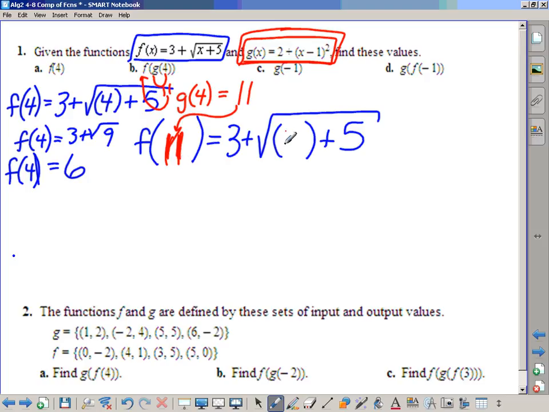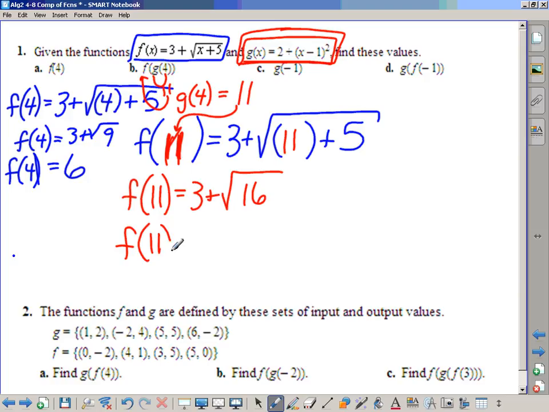Okay, f of 11 would be 3 plus the square root of 16. So f of 11 would be 7. 3 plus 4.